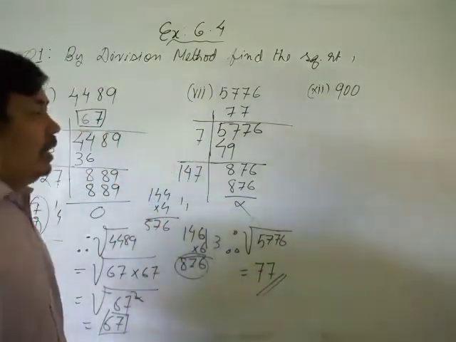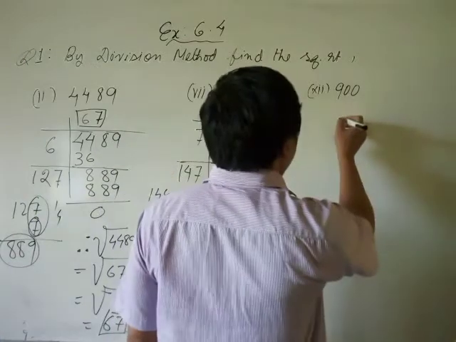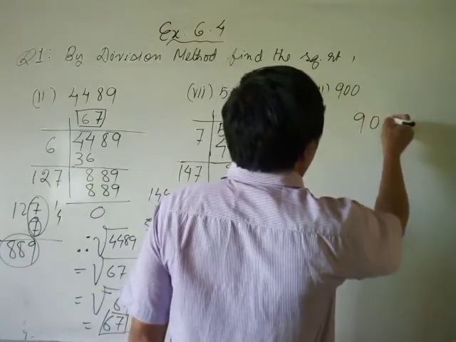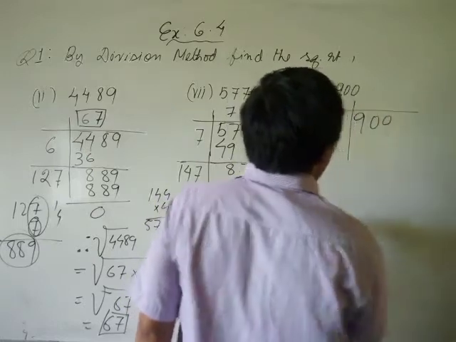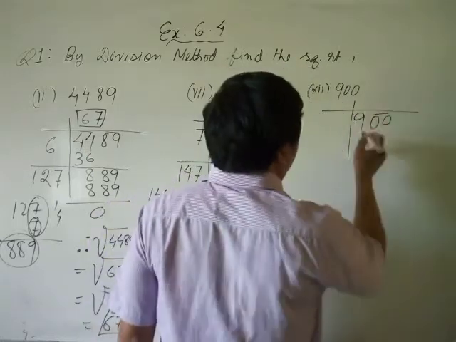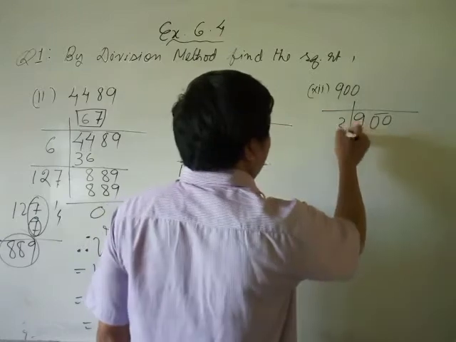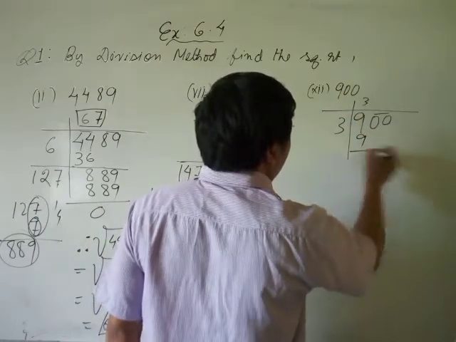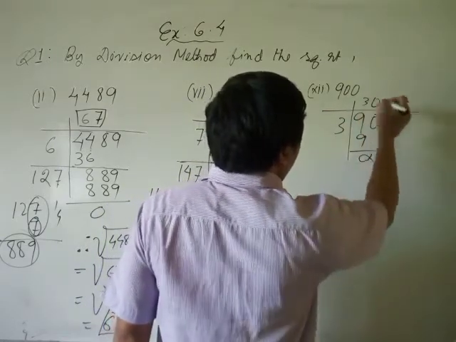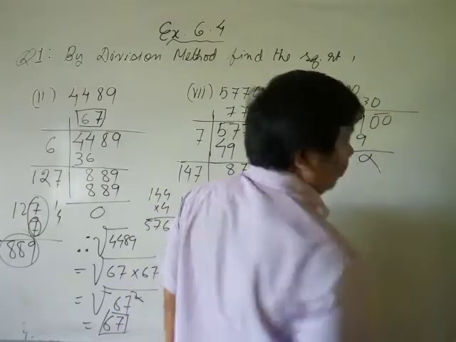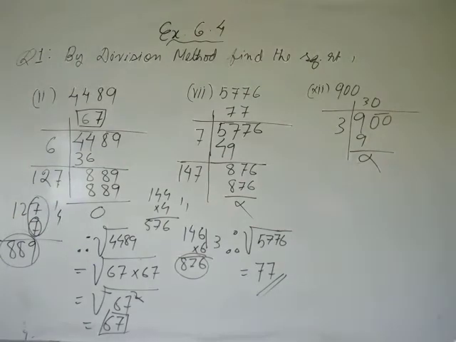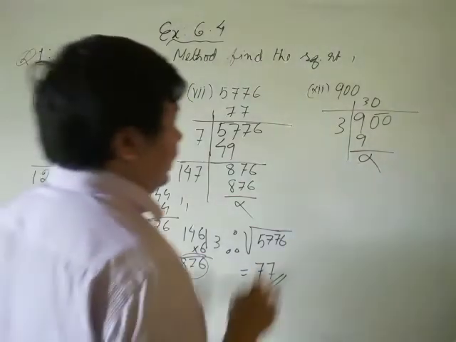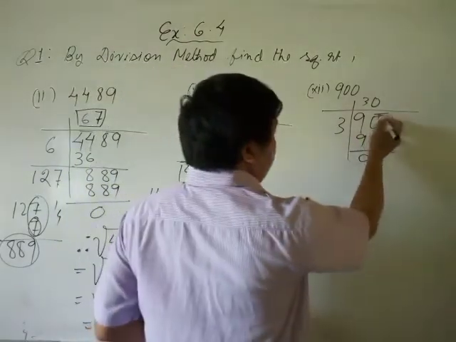That's right. Likewise, you see here 900. So these two zeros are one pair, and one 9. 3 3s are 9, nothing remaining. Yes, not remaining. Here, my dear student, you know that these two zeros are remaining here.